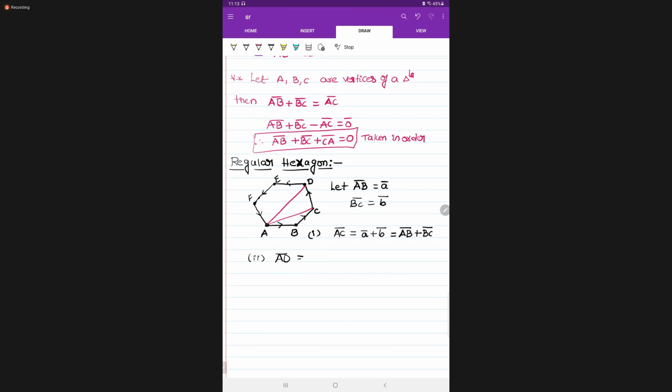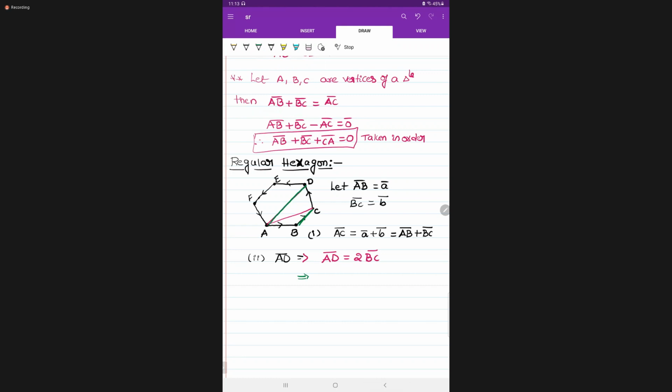Yes, ma'am. AD bar is equal to 2 times of BC bar. Correct? See the diagram, all of you. AD bar is equal to 2 times of BC bar.